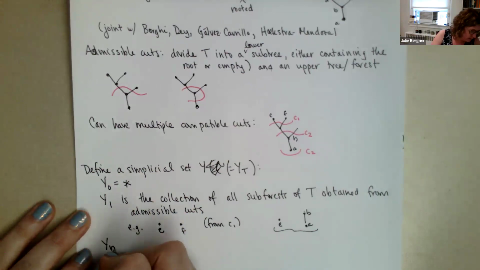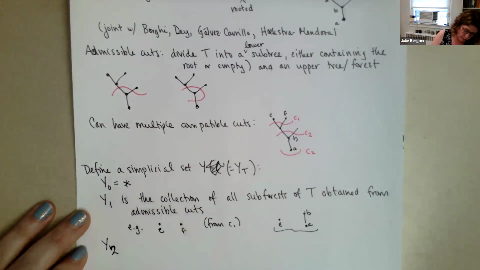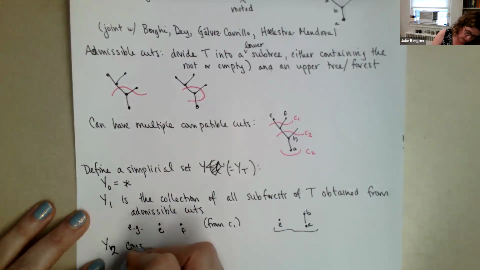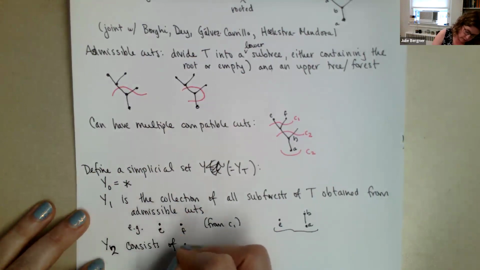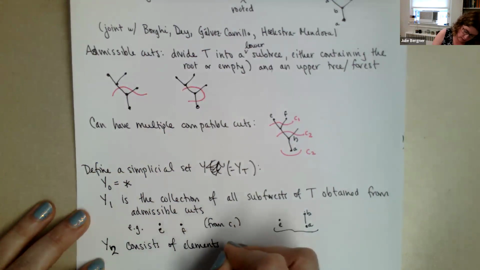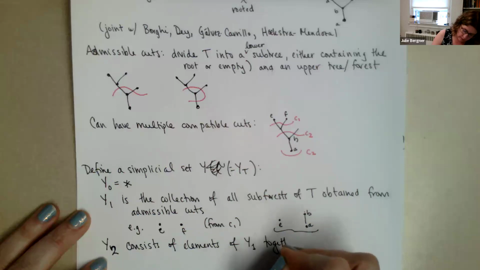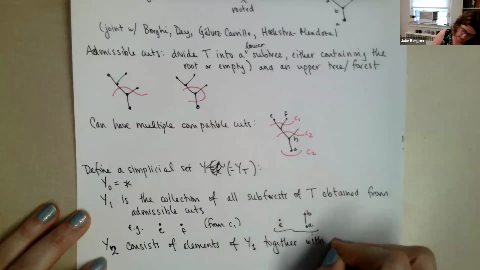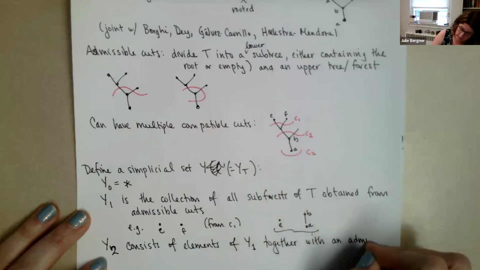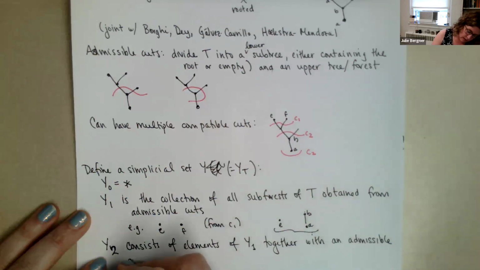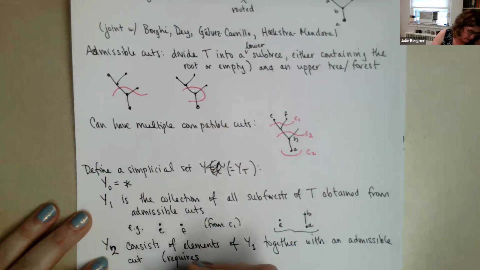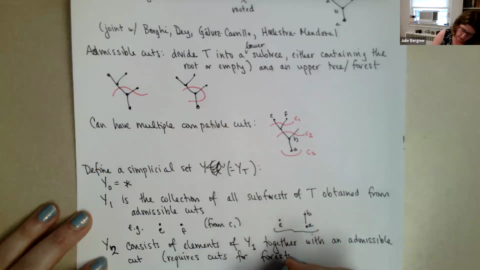And then I'm sorry, let me do Y2 before I go to Yn. So this consists of elements of Y1 equipped with an admissible cut. And if you're paying close attention, this requires a notion of cuts for forests, which I'm not going to get into.